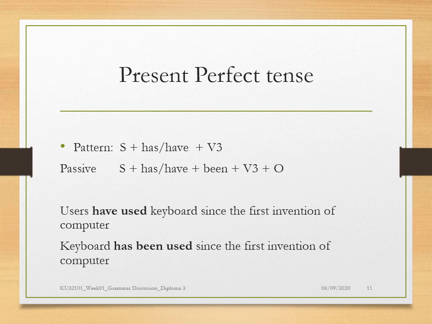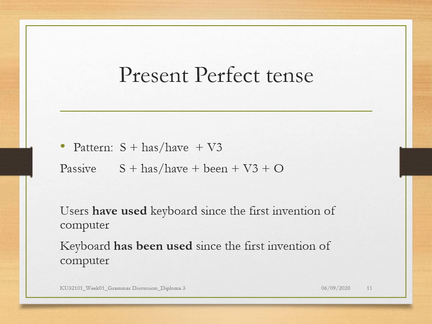I don't think I need to explain to you why I use have or why I use has over here. But let me just make it clear. If the subject over here is a singular, then you should use has.